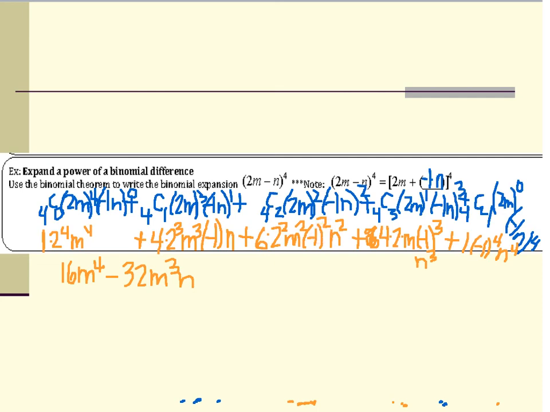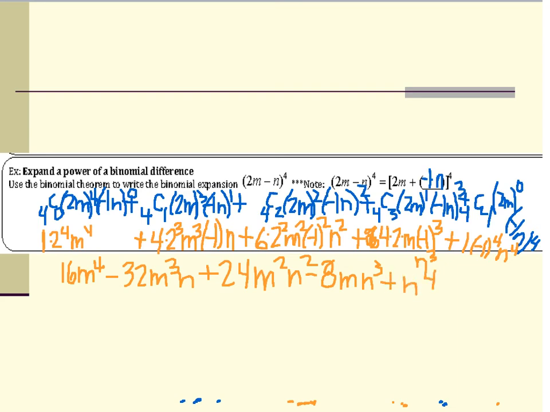Well, that's going to give me a positive 24. And I've got m squared, n squared. My next term, 4 times 2 times negative 1 to the 3rd. That's going to give me a negative 8. And I've still got m times n to the 3rd. And then my last term here, negative 1 to the 4th times n to the 4th. Well, that's just going to give me a plus n to the 4th.